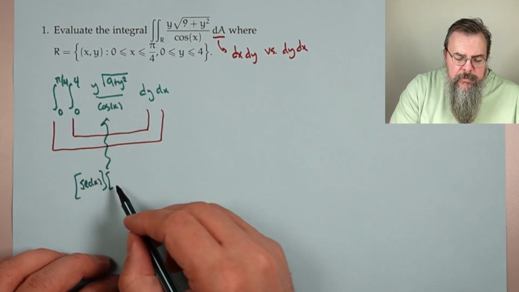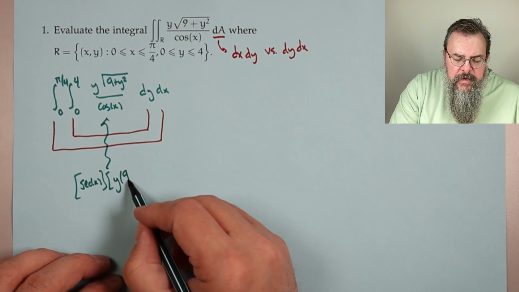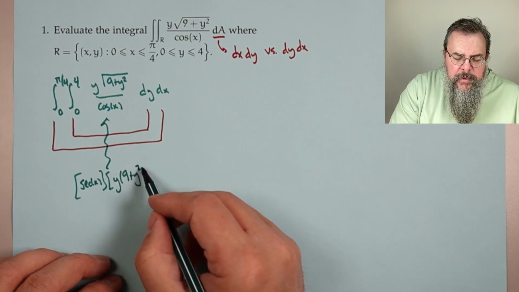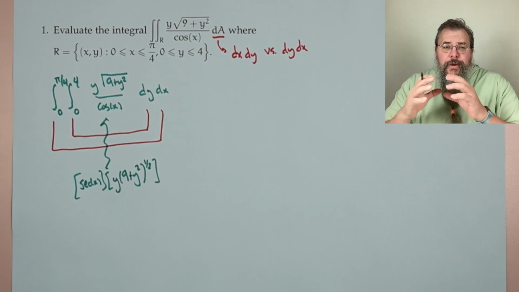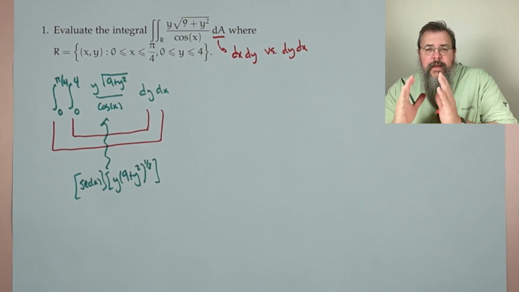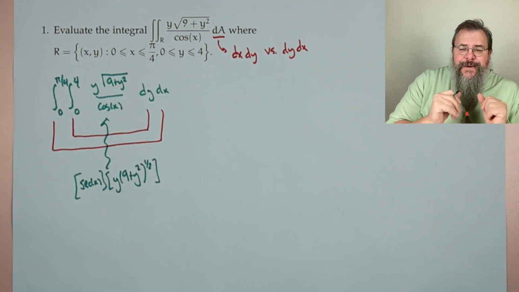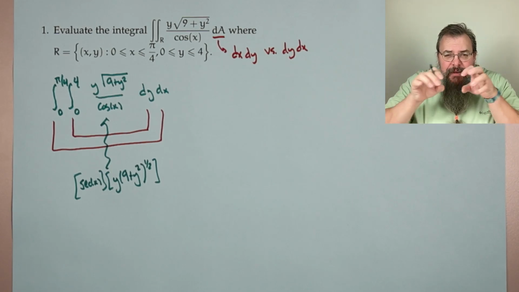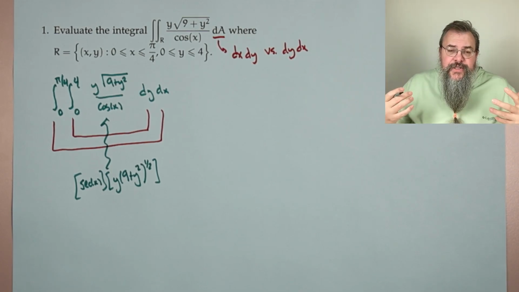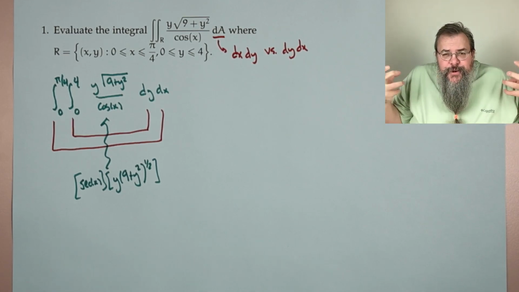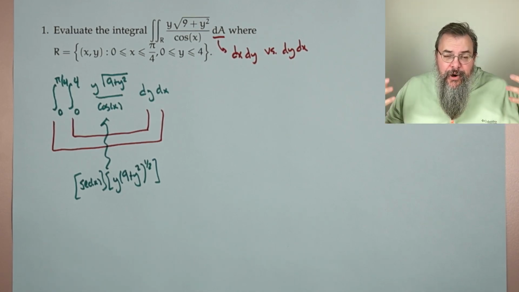And this y over the square root of 9 plus y squared, making it calculus friendly, y times 9 plus y squared to the half. So notice, what do we have? Well, we have the x stuff times the y stuff. And so we can actually, in some sense, separate the function out.